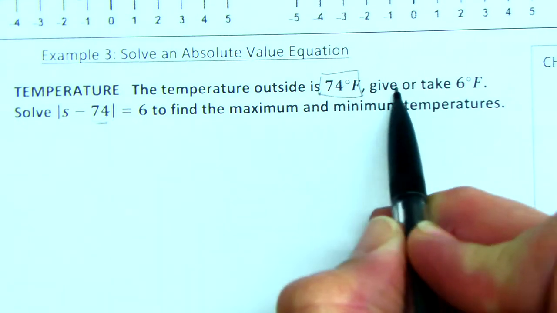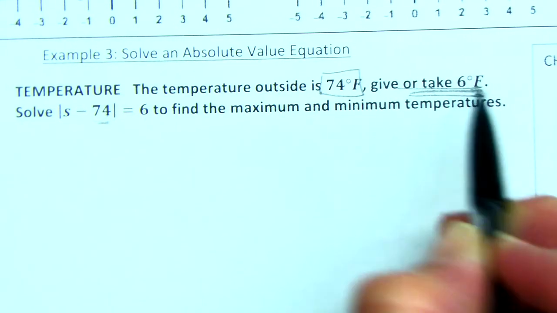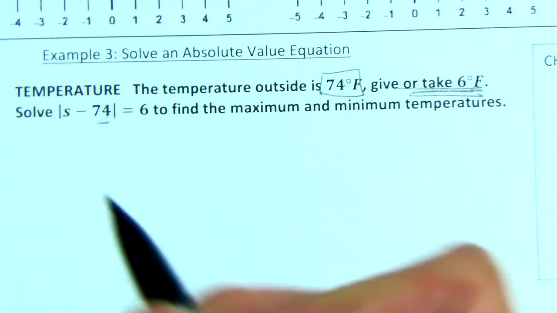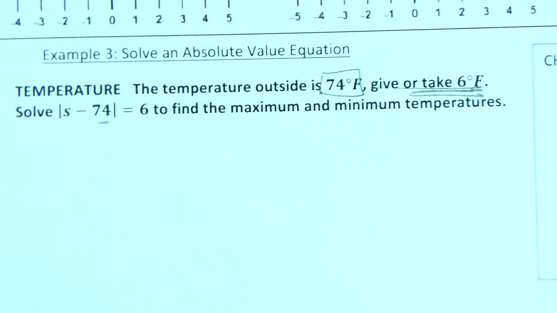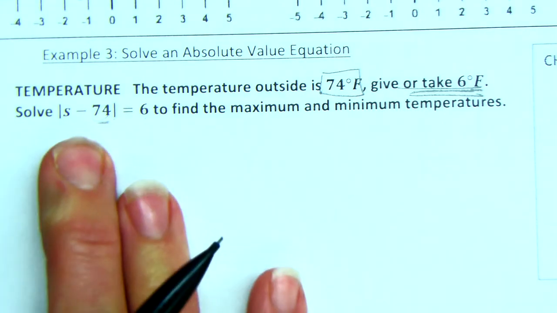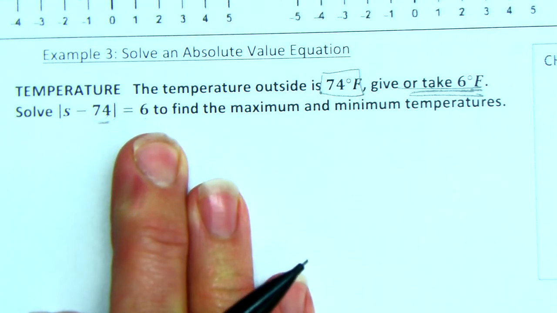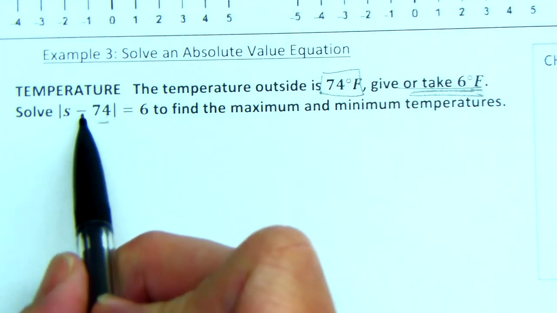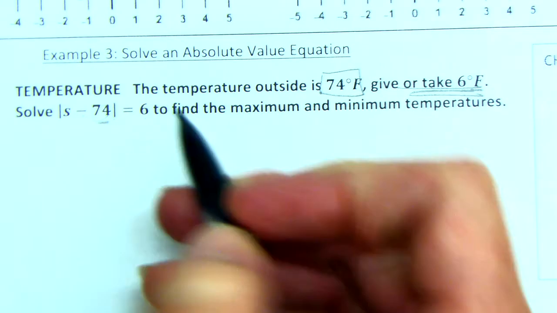So whenever they say plus or minus, or could be 6 more or 6 less, that's the one it's going to equal, because that means it could be a positive 6 or a negative 6. And if we're talking about how far something is away, that's a difference. That's subtraction. So set this up.